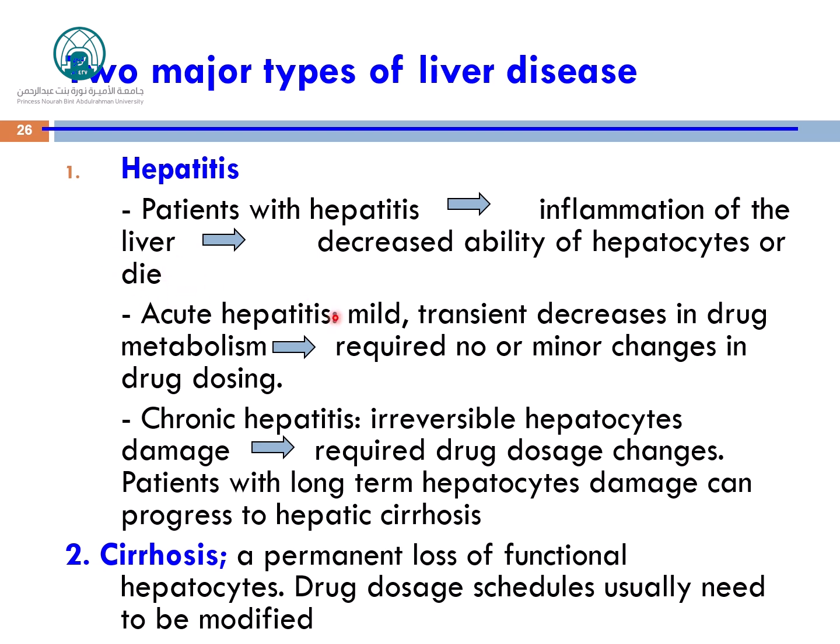Acute hepatitis, which is usually mild, results in a transient decrease in drug metabolism. It requires no or minor changes in drug dosing.